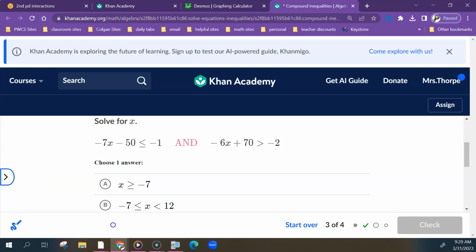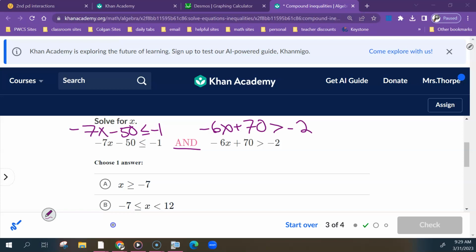Write that one down. And negative 6x plus 70 is greater than negative 2. I'm going to write that above here. Drawing number lines for these is going to be your friend. It's going to help you a lot to be able to visualize.